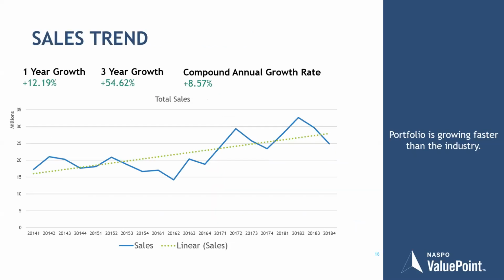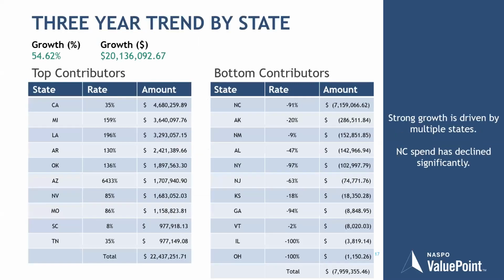You can certainly also look at trends, which is likewise a very simple analysis, but good to know as you're examining how your contract's performing. Importantly to us, what we were looking at were who were the contributors to the growth in that contract, and who was also contributing to the reduction in the spend on that contract. And so we looked at that for this portfolio. You could certainly look at that for yours as well.